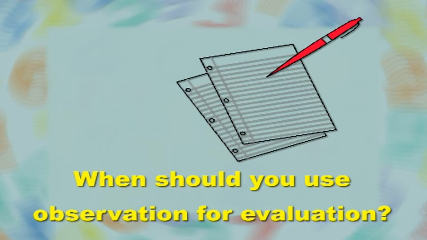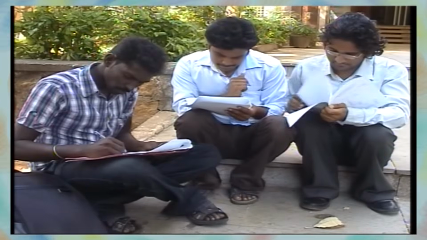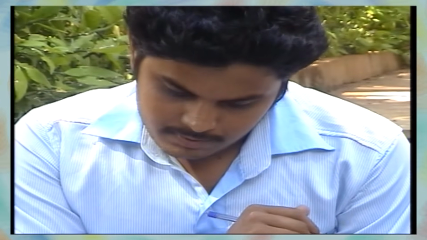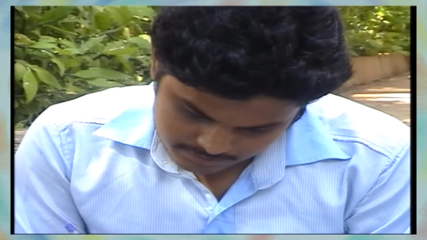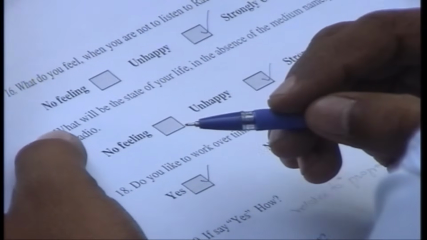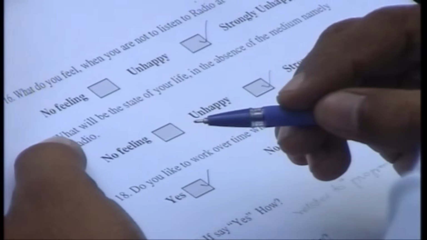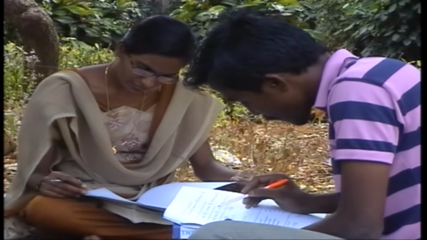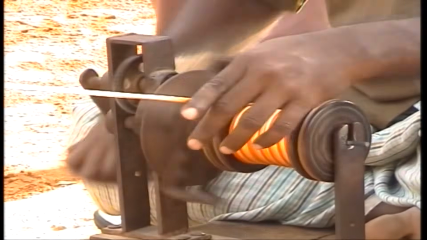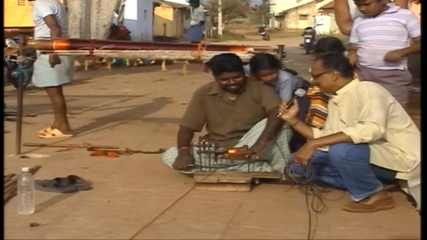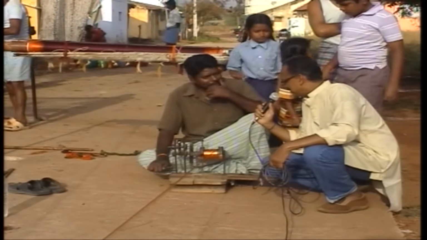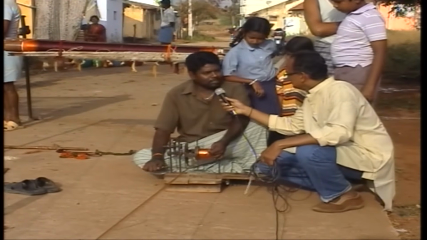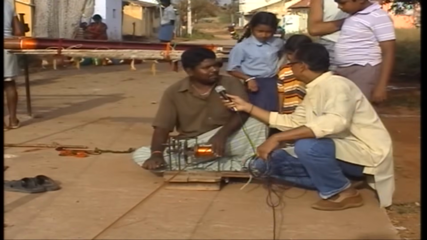So, students, when should we use observation for evaluation? When you are trying to understand an ongoing process or situation, through observation you can monitor or watch a process or situation that you are evaluating as it occurs. When you are gathering data on individual behaviors or interactions between people, observation allows you to watch people's behaviors and interactions directly, or watch for results of behaviors or interactions.